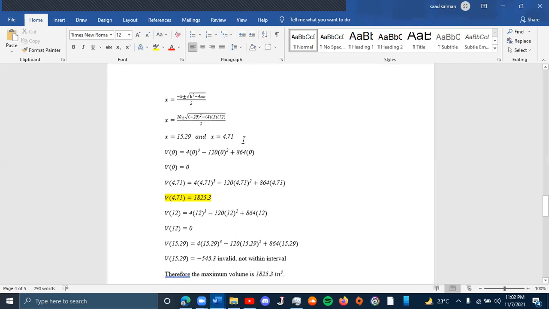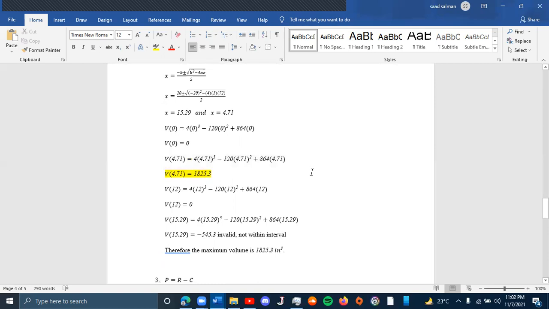Now we'll substitute the number 12, which will be 4 multiplied by 12 to the power of 3 minus 120 multiplied by 12 squared plus 864 multiplied by 12. V of 12 is equal to 0.